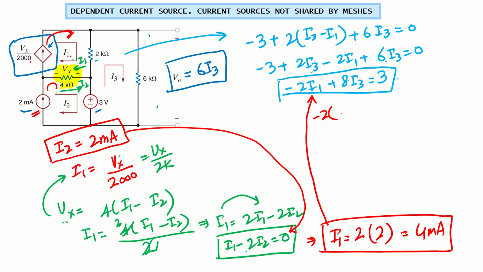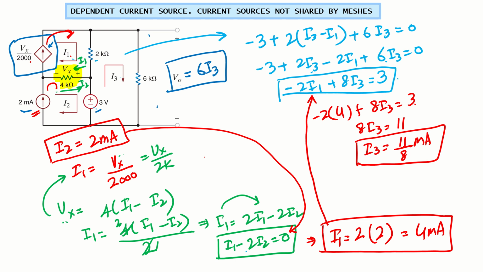So minus 2 times I1, which is 4, plus 8 times I3 is equal to 3. So 8 times I3 will be 3 plus 8, which is 11. So I3 will be 11 over 8 milliampere. So we got all our currents I1, I2, and I3.